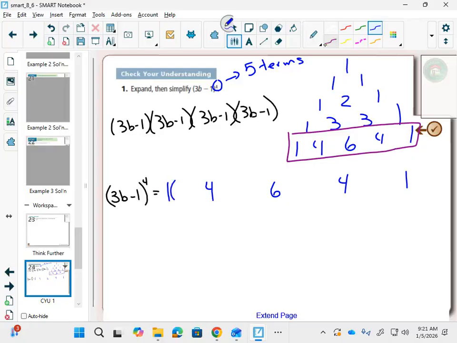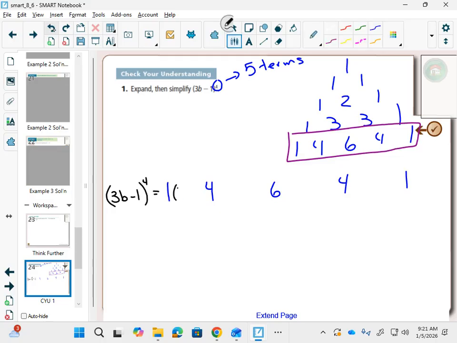Does it make sense that you would have three b's 4 times? Just like we had a to the 4, but now the first term has 2 things, put it in brackets. It's going to happen 4 times. And then in the second one, you'll have the 3b's 3 times and the minus 1 once. You could write a 1 there if you want, or you can leave that out.